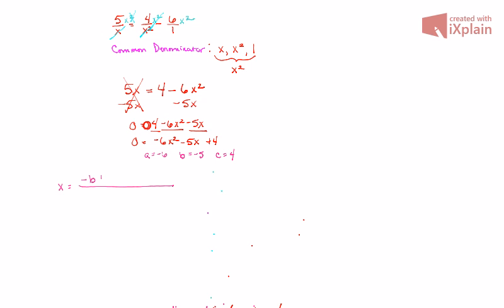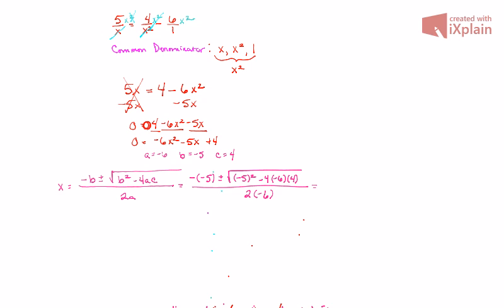We will say negative b plus or minus the square root of b squared minus 4ac, all over 2a. So we'll plug these values in. We have negative negative 5, plus or minus the square root of negative 5 squared minus 4 times negative 6 times 4, all over 2 times negative 6. Let's continue working.